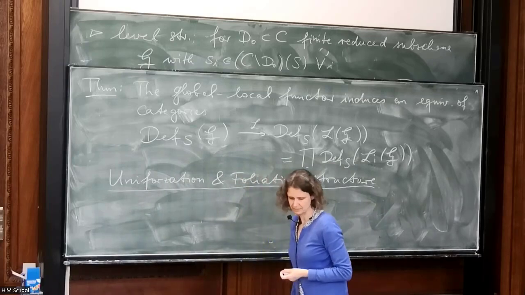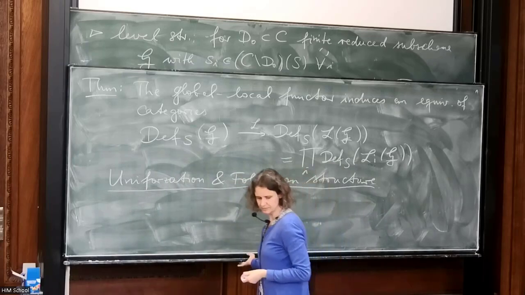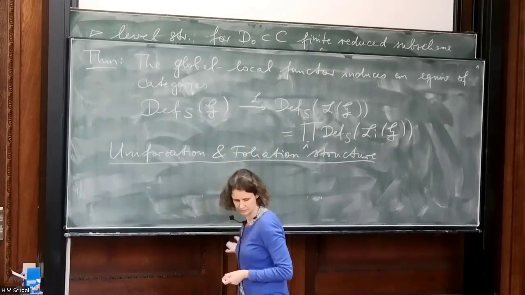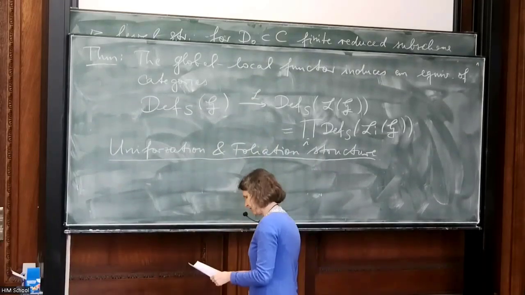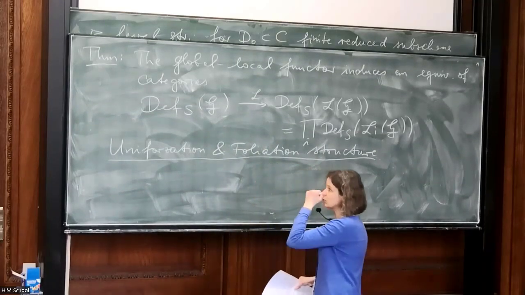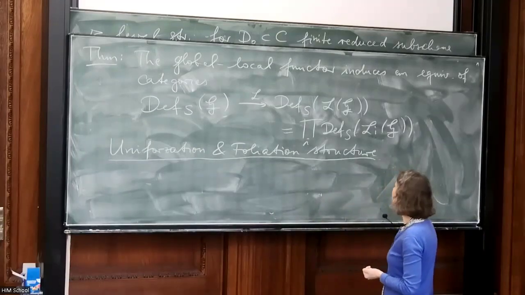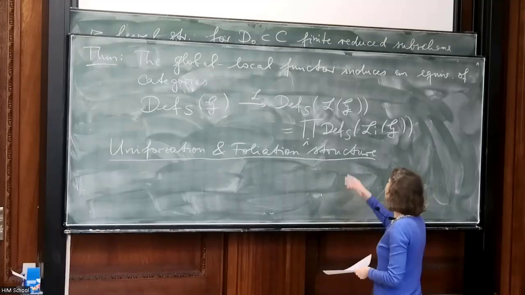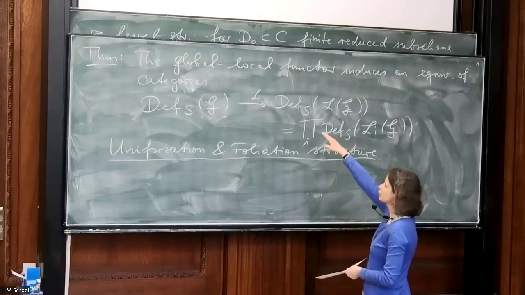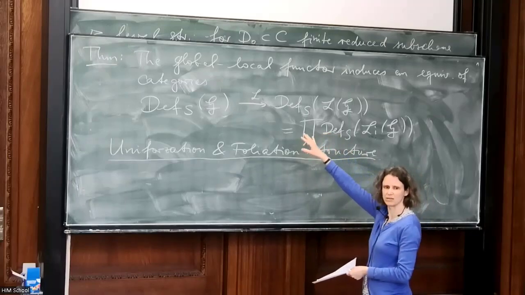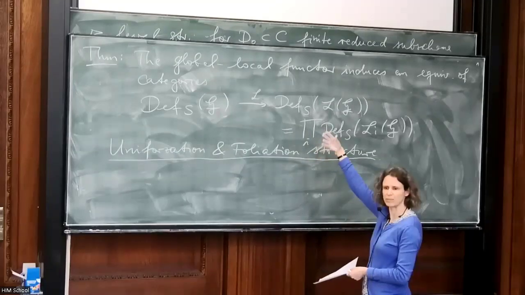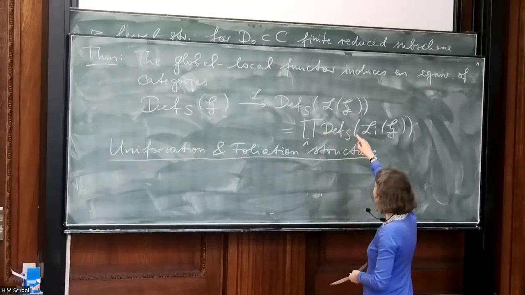So what does uniformization mean? We want to compare moduli spaces of, I mean, this is still for individual local and global Shtukas. Now we want to compare the moduli spaces.